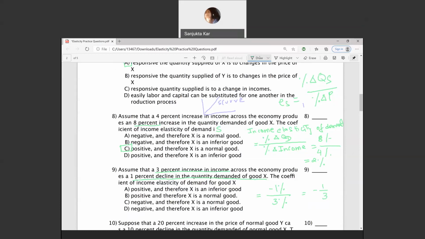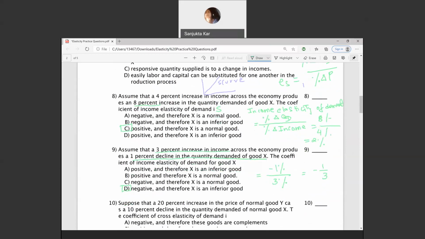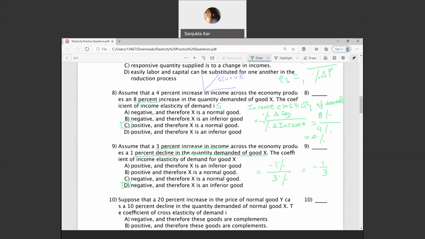So this good is an inferior good. Inferior good means income increases and you are going to consume less of this good. And normal good means income increases, you will consume more of the good, like we had in question number 8. Okay.